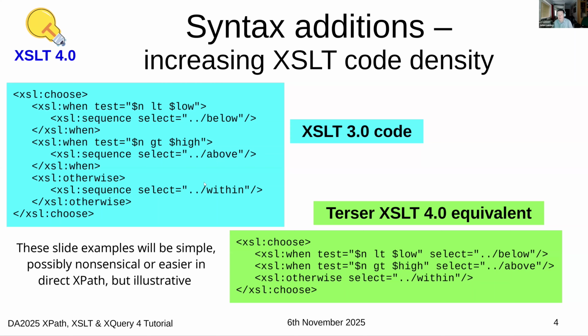We can put the select up in there. These are places where XSLT 2 or 3 wasn't consistent about the use of sequence constructors and XPath selectors. The slide examples are possibly very nonsensical or easier in direct XPath, but they're illustrating what's going on.